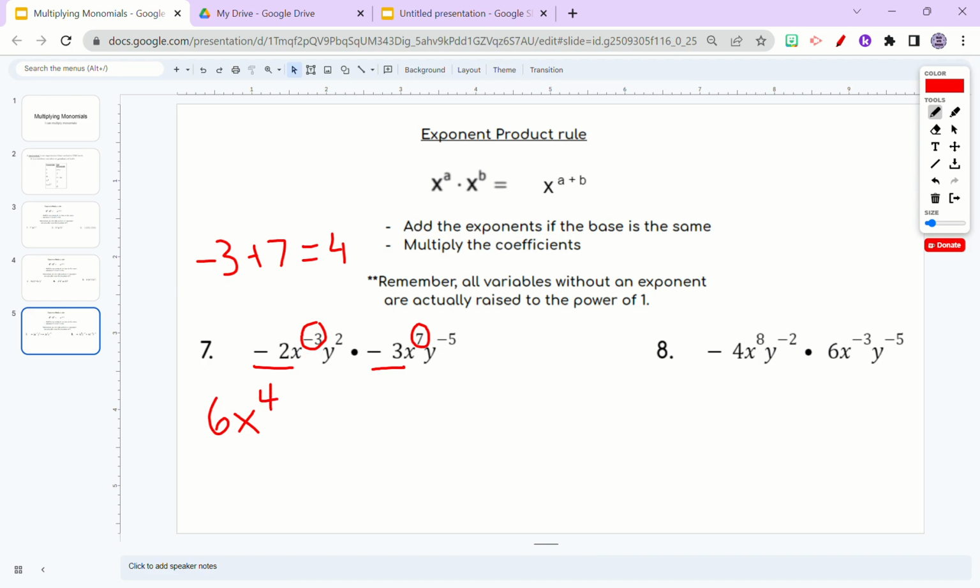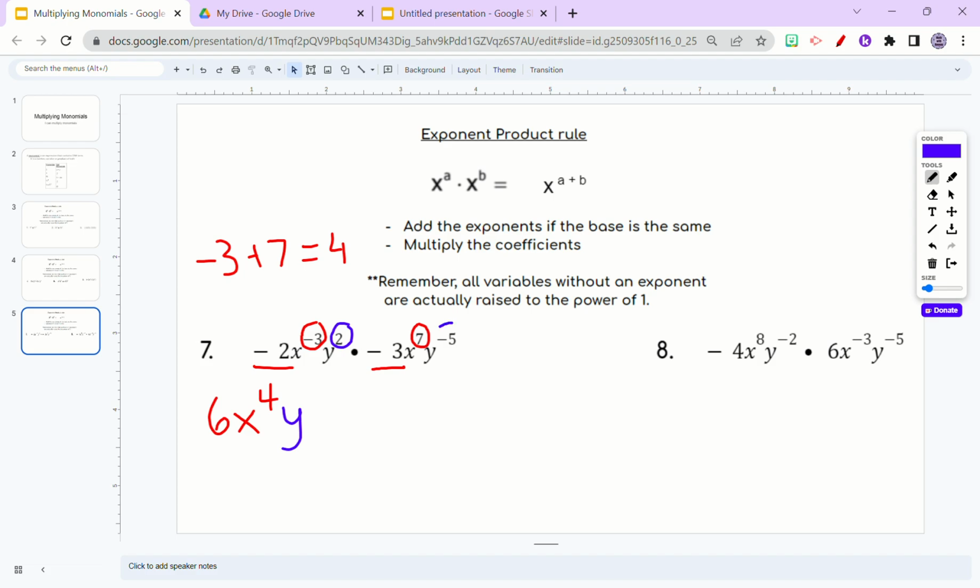And now for our y's, let's change the color here. For our y, we are going to keep the base of y, and then we are going to add 2 plus negative 5, and we get negative 3. All right, so this would be our answer, but we always want to make sure that our answers are written in terms of positive exponents.